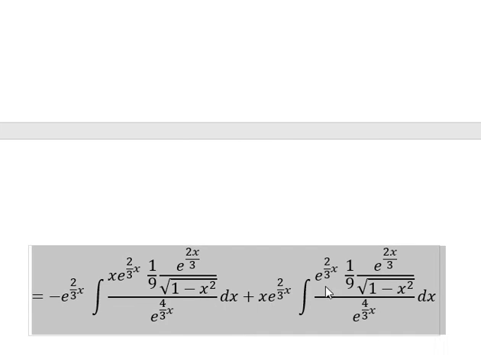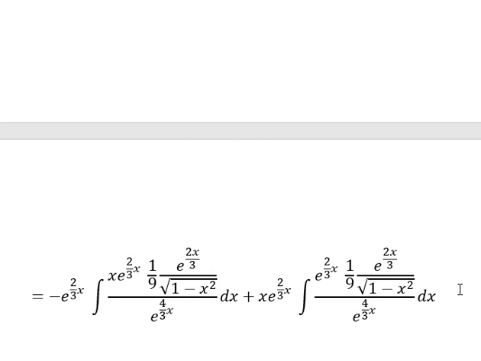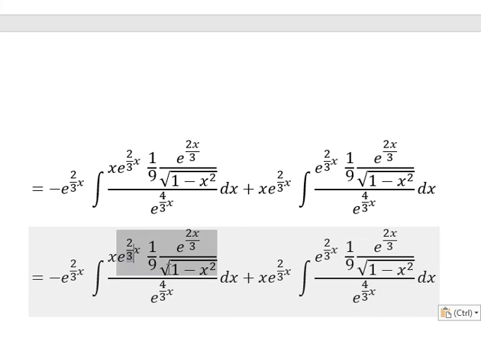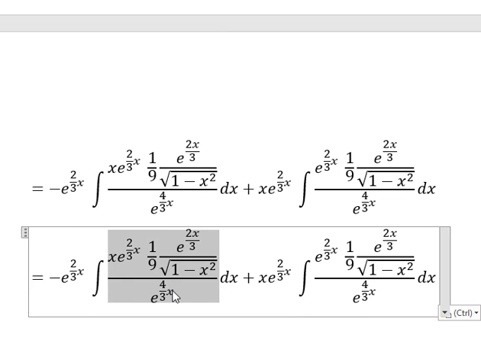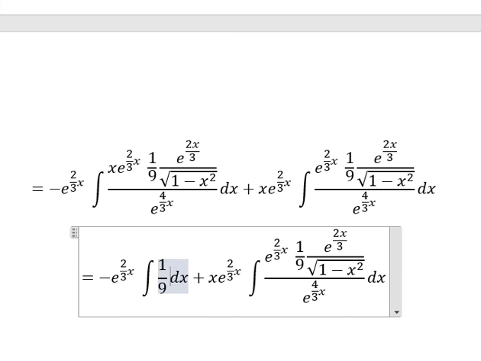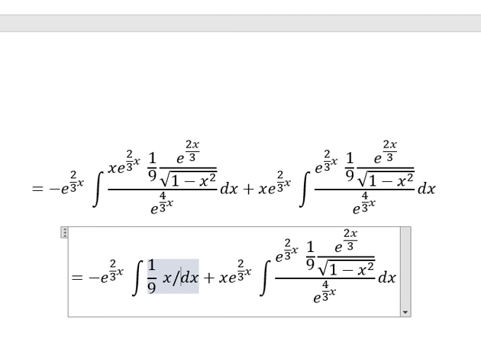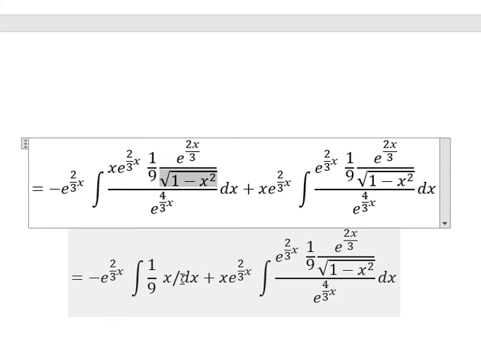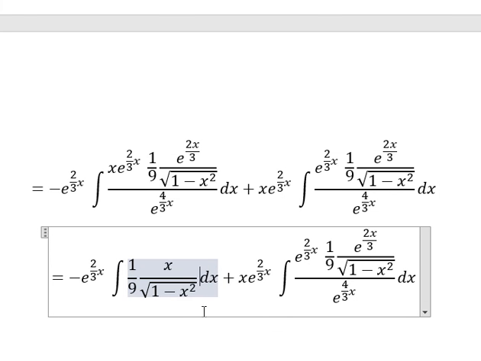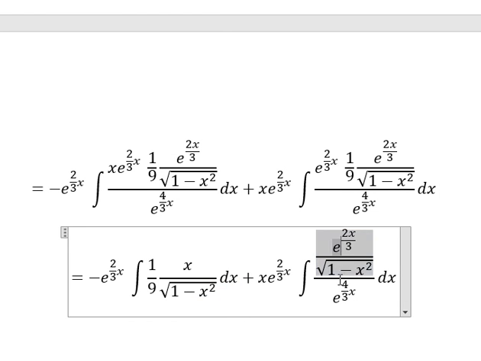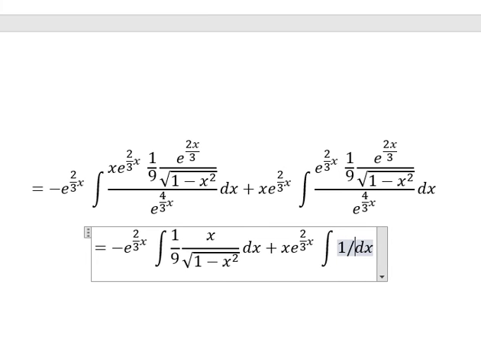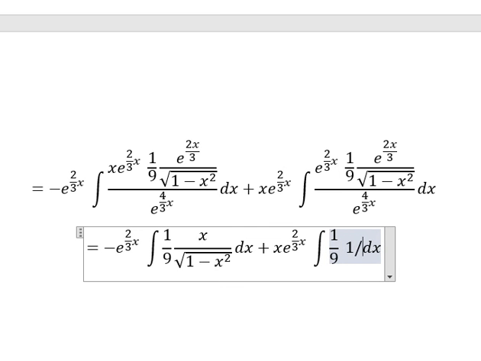Now if we simplify, we just have 1 over 9 multiplied by s over the square root of 1 minus s squared. And the second one, we just have 1 over 9 with number 1 over the square root of 1 minus s squared.